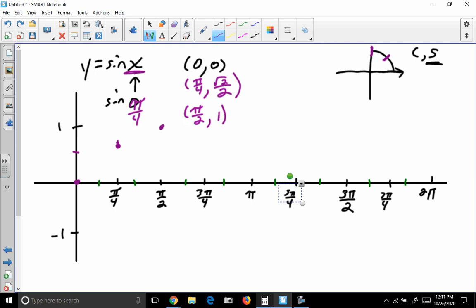Now, if we plotted the values of sine at these other angles, then sine of 30 degrees or pi over 6 is 1/2. Sine of 60 degrees or pi over 3 is root 3 over 2, which is about 0.86. So we have a graph that looks something like this. It's not a straight line, it's more of a curve.